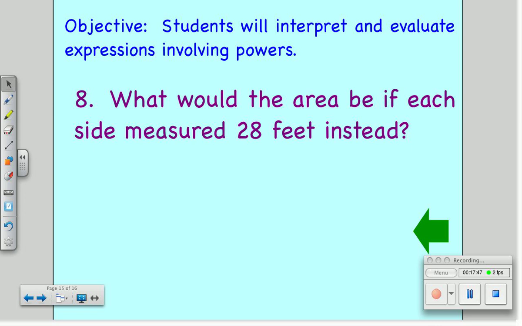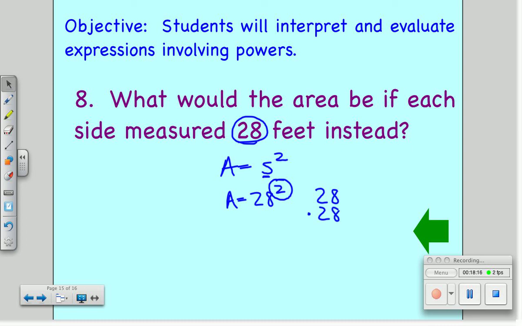What would the area be if each side measured 28 feet instead? Well, you already have the strategy, so there's really no need to draw the square again. So this time you're just going to write area equals 28 squared. Area equals the side squared. What is the side? It's 28. 28 squared. What does this square mean? It means to multiply 2 times. 28 times 28.